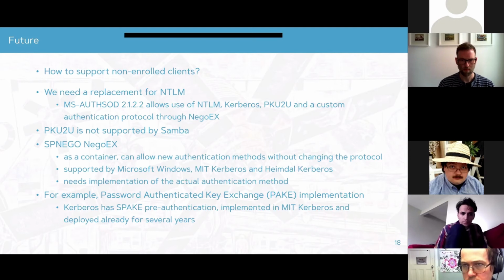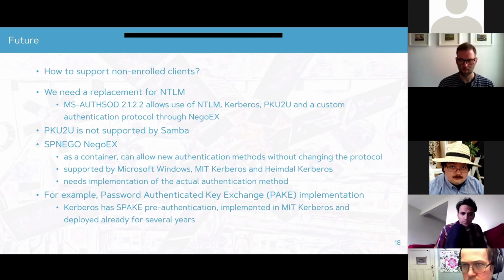And it could be extended to provide the negoX module without actually requiring a Kerberos infrastructure. And technically, we could try to improve on it and use it.